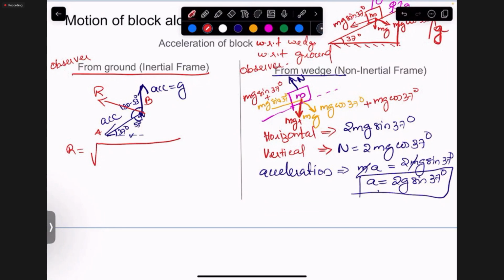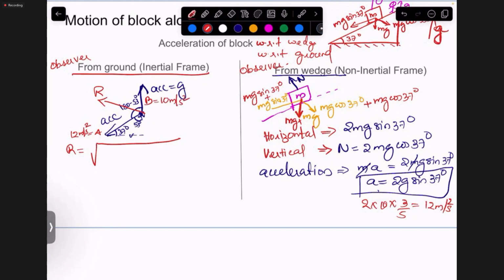So A, we can calculate it from here, 2 mg sin 37 degrees. So A is 2 times g, 10, times 3 by 5, equal to 12 meter per second square. So A is 12 meter per second square, and B is equal to 10 meter per second square.